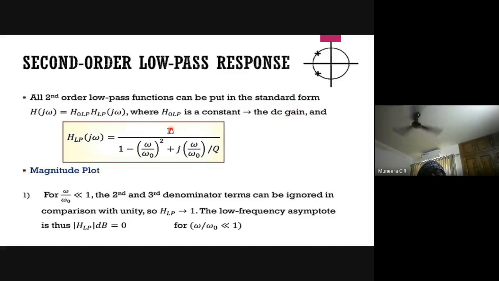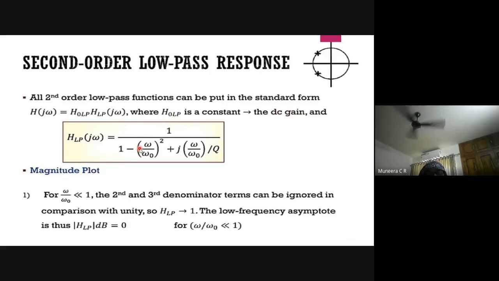The numerator usually is 1, that is H naught of LP j omega, the gain of the op amp used, or the filter amplifier used, so the gain also comes in the numerator. If you are plotting the magnitude plot, first we assume omega by omega 0 is much less than 1. Then this term is negligibly small, and we are getting only 1.